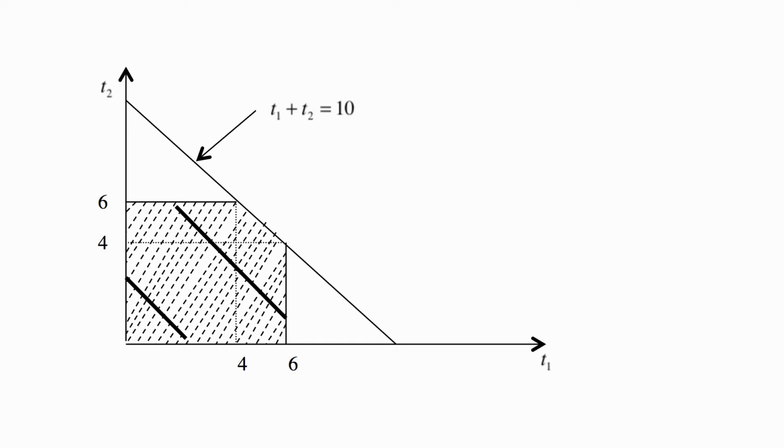So the area is 6 times 6, which is 36, minus that cut out little triangle, which has the area of 2. So the area of the shaded region is 34. That's why the density is 1 over 34.